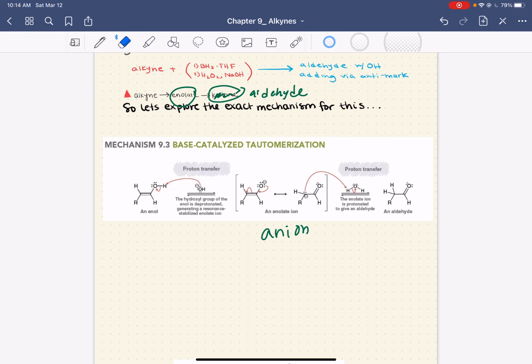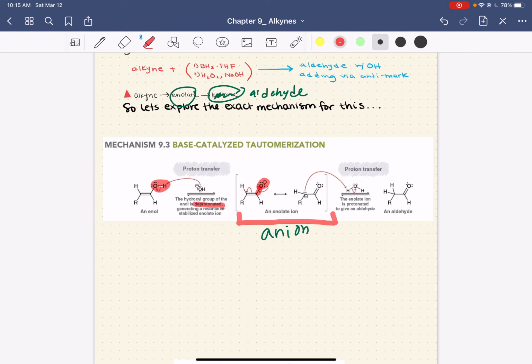So you form this enol, but that's under basic conditions. So what happens is that the hydroxyl group of the enol is deprotonated. This is going to be deprotonated. What it's going to generate is this resonance-stabilized enolate, this negatively charged intermediate. This interconverts. You have this deprotonated alcohol.